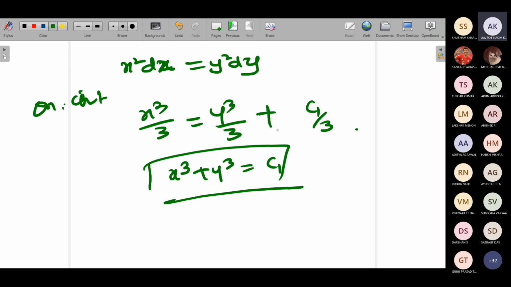If you take only c1 and later the 3 can even be the denominator, you can write it like that also. Any form, because it's an arbitrary constant. However you want, you can take.